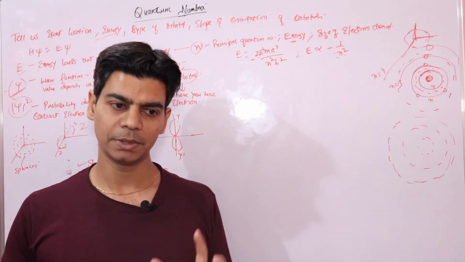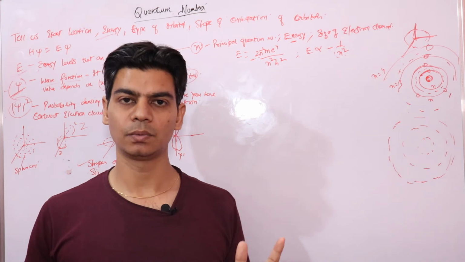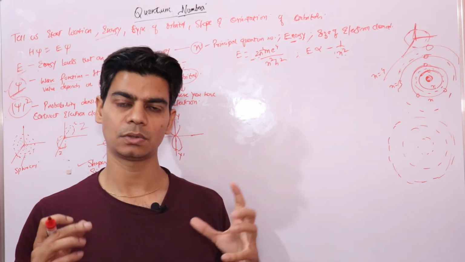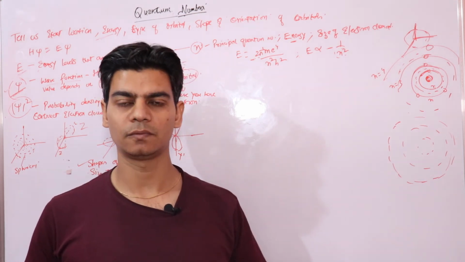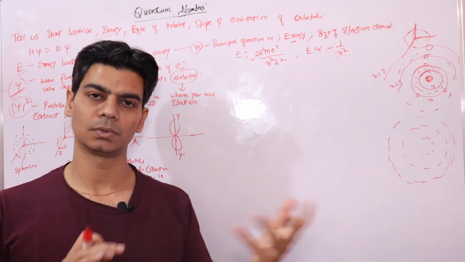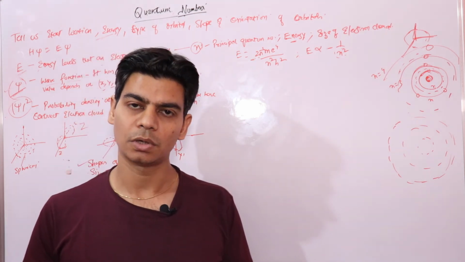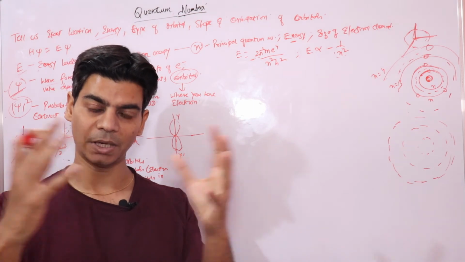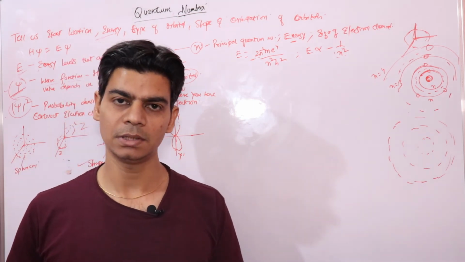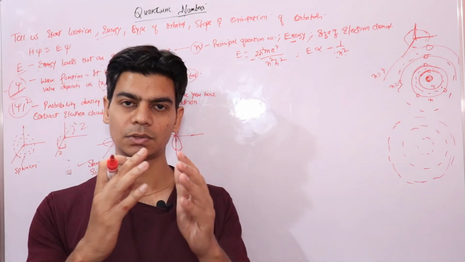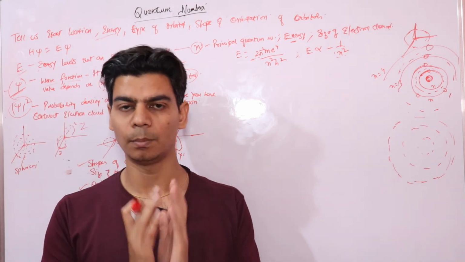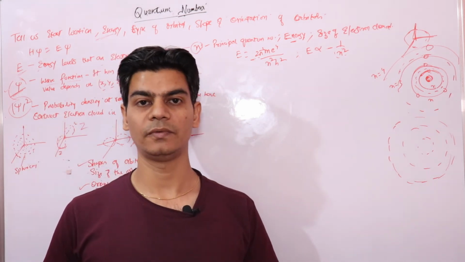If you remember, the Schrodinger equation becomes very complicated because of the repulsion between the electrons, due to which we cannot solve it exactly.